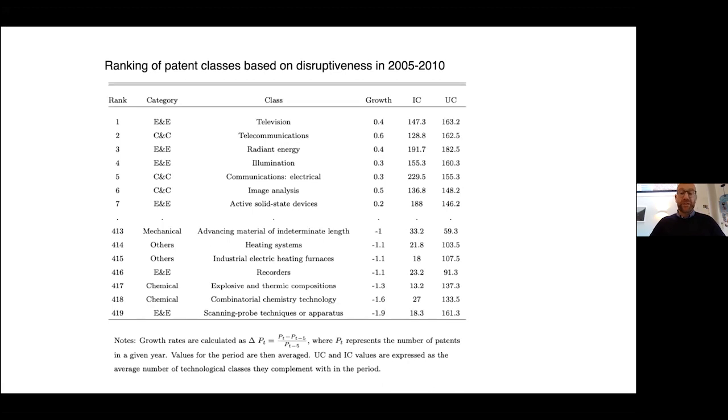Here's another descriptive table that gives us the top and bottom 7, so the most potentially disruptive and least potentially disruptive over the 2005 to 2010 period. And again, we get some fairly reasonable kinds of technologies: computer stuff, things that look like mobile phones, storage, and so on. And then at the bottom, some heating systems, some basic chemical stuff, explosives, and so on.